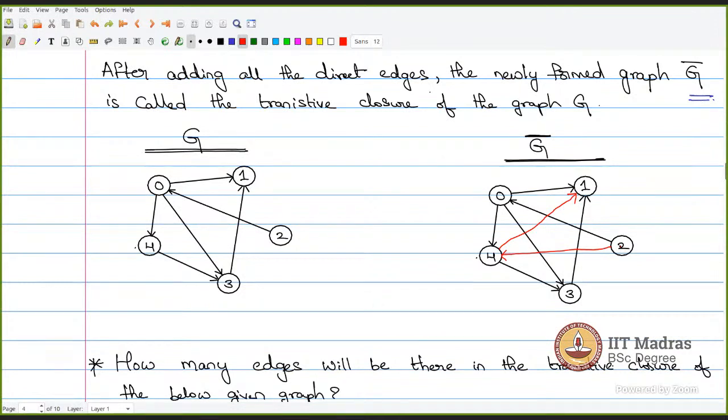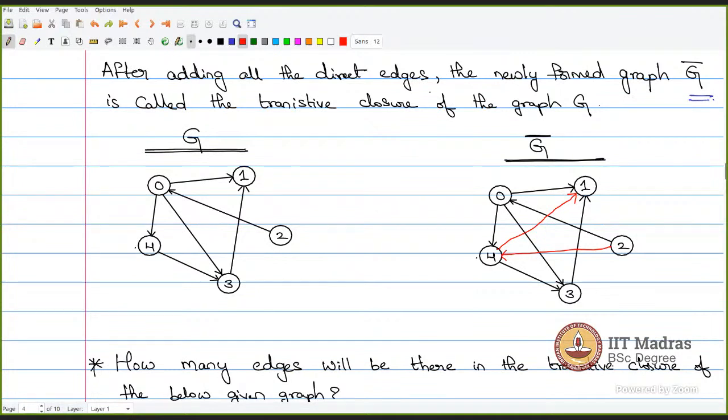So this particular vertex 2 has the ability to reach 4 via these two edges. That is why we say from vertex 2, vertex 4 is reachable. That is where this term reachability comes.